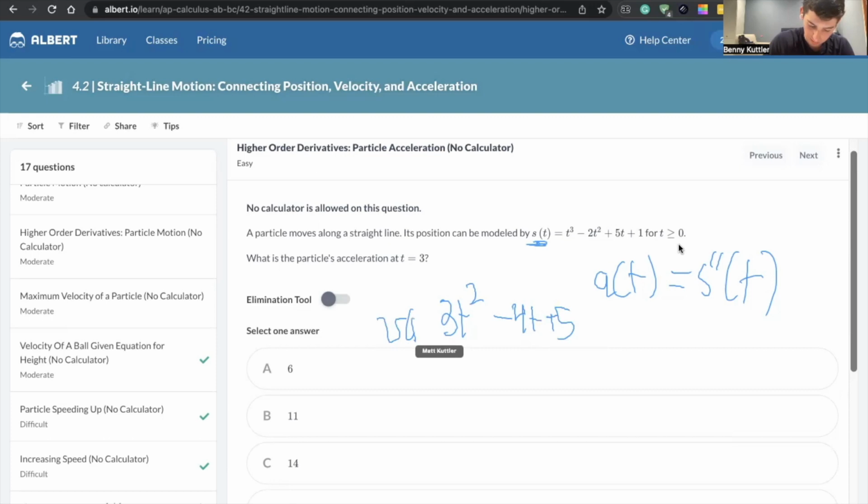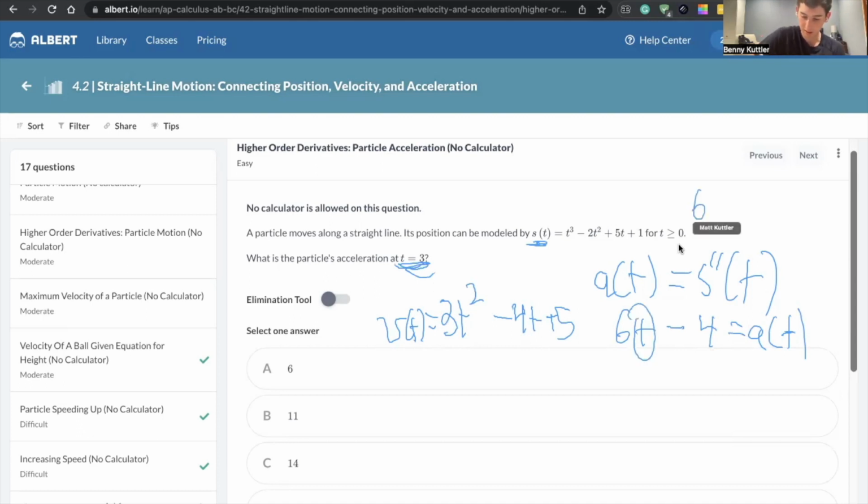And that is v of t. And now we need to take another derivative because we're looking for the acceleration. So now we do the power rule again: 6t minus 4 equals a of t. And now to find the particle's acceleration at t equals 3, we just plug in 3 for t.